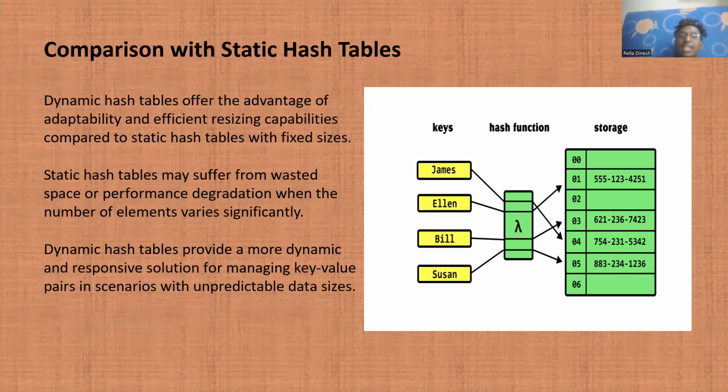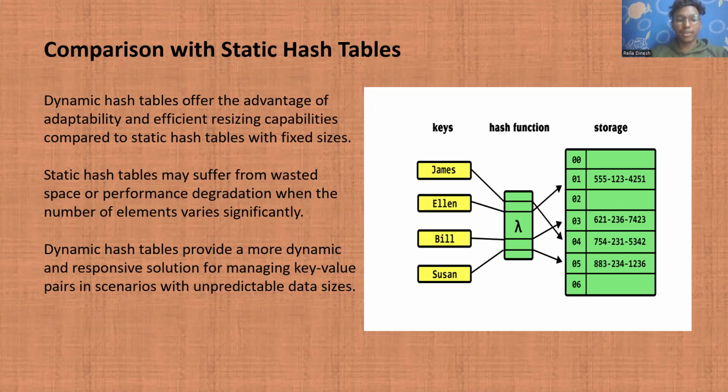Comparison with a static hash table. Dynamic hash tables offer the advantage of adaptability and efficient resizing capability. Compared to static hash tables with fixed size, static hash tables may suffer from wasted space or performance degradation when the number of elements varies significantly.